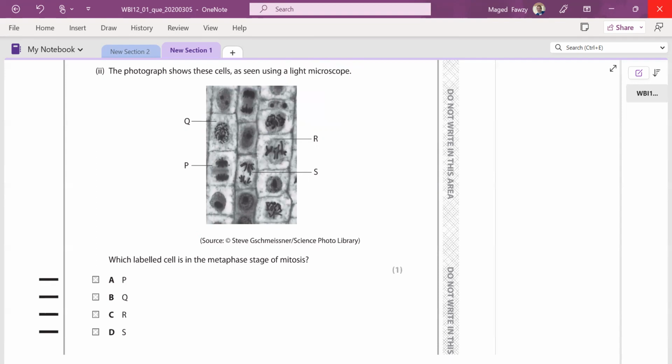Is it S? No, S, the separation has already happened. Metaphase means that the chromosomes are arranged in the midline of the cell. So the answer is R. Bravo. So the answer is R.